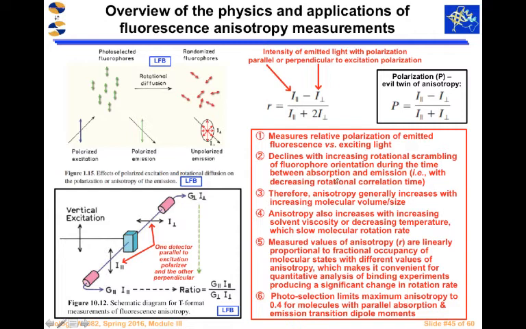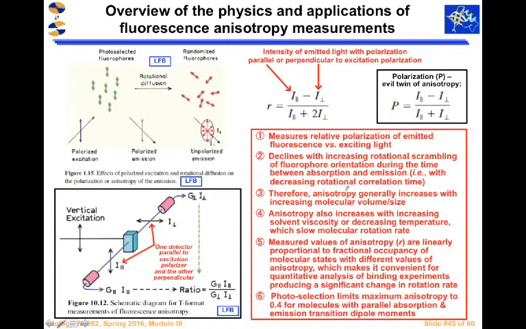With fast rotation and low rotational correlation time, more serious decline in anisotropy. Okay, so again, anisotropy declines with increasing rotational scrambling, which corresponds to decreasing rotational correlation time. So you have to understand the physical point, and you should know the nomenclature roughly. We'll talk about this in more detail in a bit.